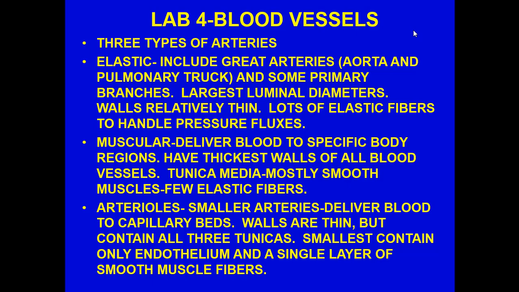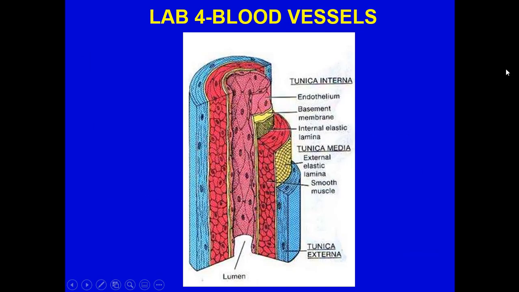The arterioles are the smallest arteries and deliver blood to capillary beds. The walls are thin, but contain all three tunicas. The smallest contain only endothelium and a single layer of smooth muscle fibers. So as you can see in this diagram, you have the tunica interna. Underneath the endothelial cells, you'll have a basement membrane.